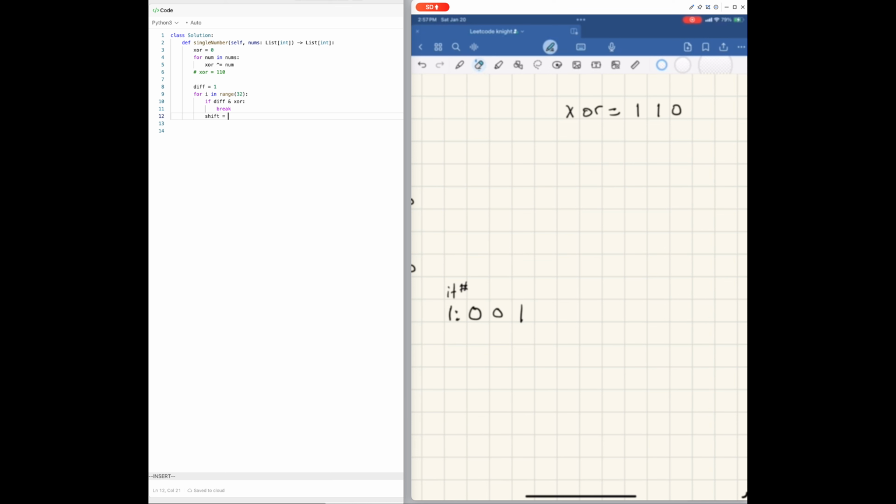And then what we want to do is we want to shift the diff over, right? So we do left shift, and this is how you do it. 2 left arrows and a 1. Okay. Well, the first iteration of the loop didn't work, right? What about the second one? So we're going to shift it 1, so that means it's going to be 010.